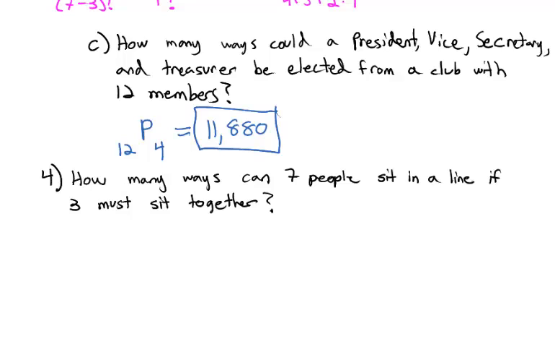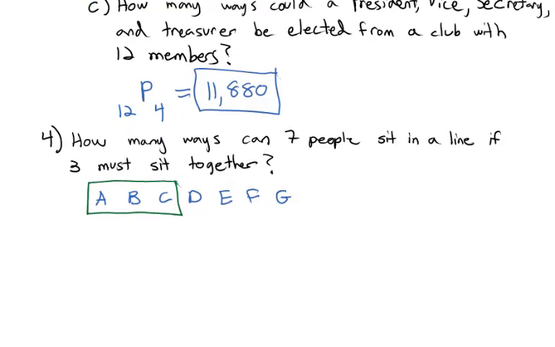So kind of visually saying this, if we've got 7 people, we'll call them Adam, Brian, Catherine, Derek, Eric, Fiona, and Gregory. That's 7 people. And 3 of them must sit together. So just for the sake of discussion, let's say this first 3, the ABC group, must sit together.